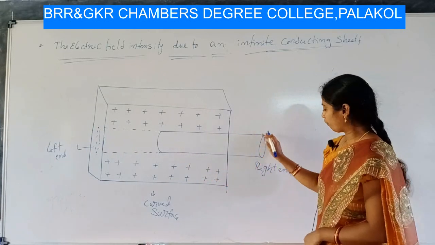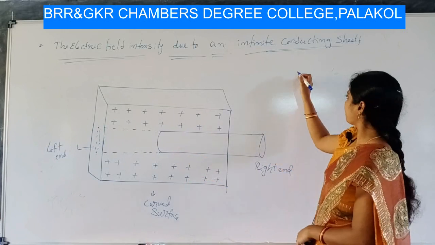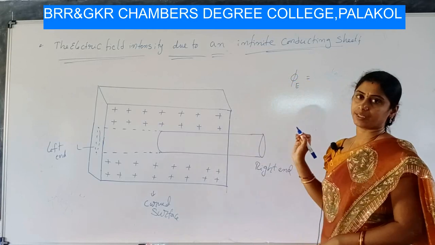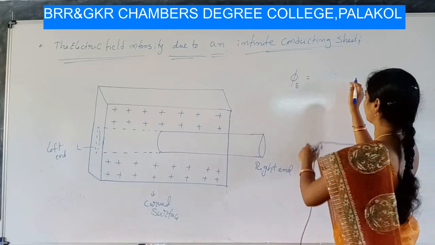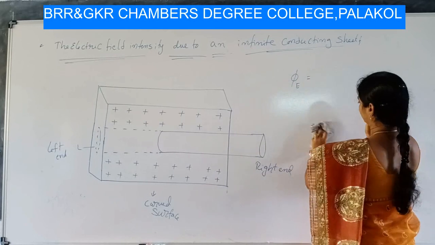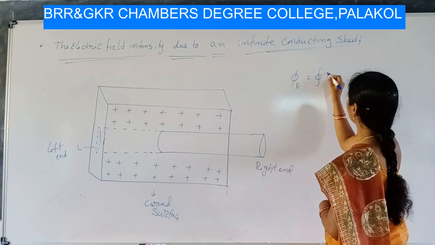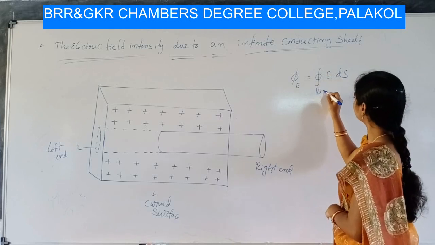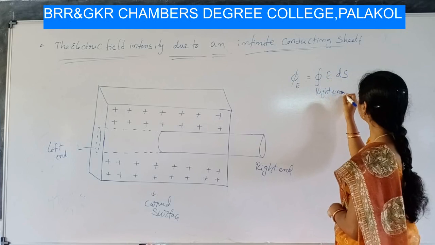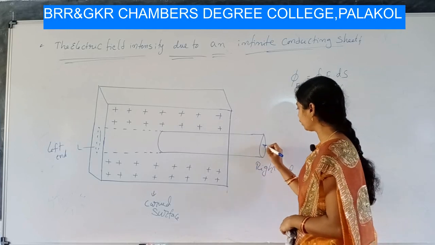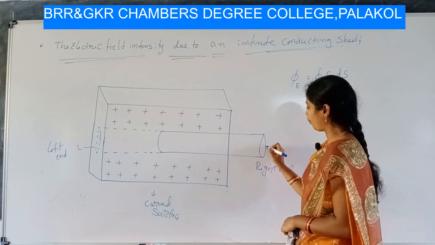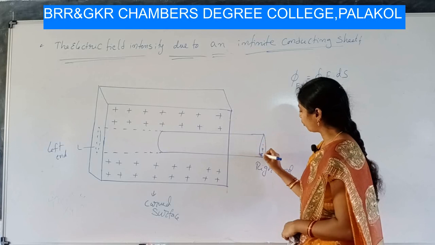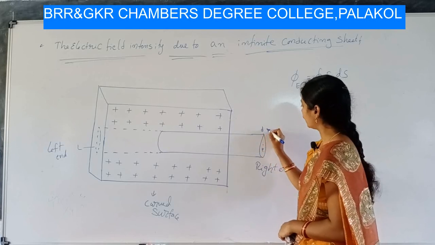First, the electric flux for the right end. We know electric flux is indicated by the letter phi E, so phi E is equal to the closed integral of E dot ds over the right end. At the right end we consider a point P, and the area around this point is treated as ds.